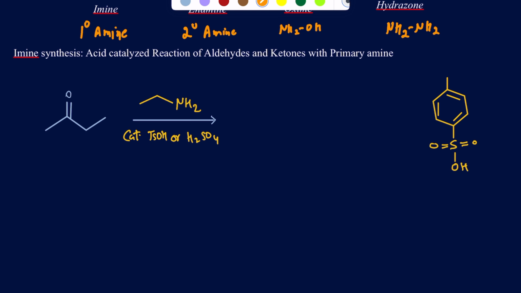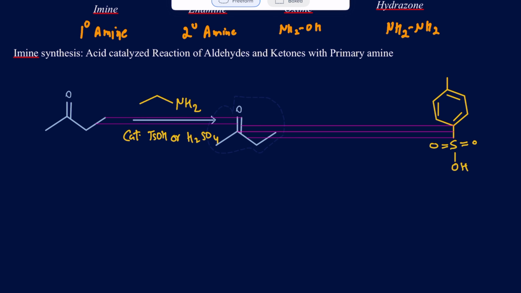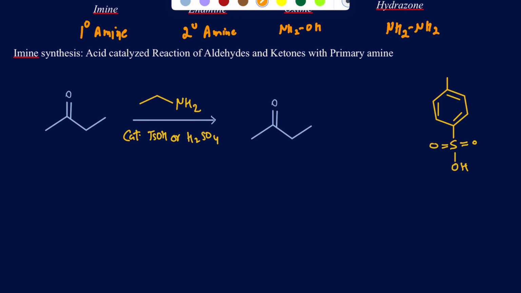And then what I'm going to be making at the end of the day is an imine here, which would have a nitrogen here, and I could possibly make both cis and trans, but if I want to say which one is going to be more stable, yes, the trans or E configuration would be more stable. And then you make water along with it.